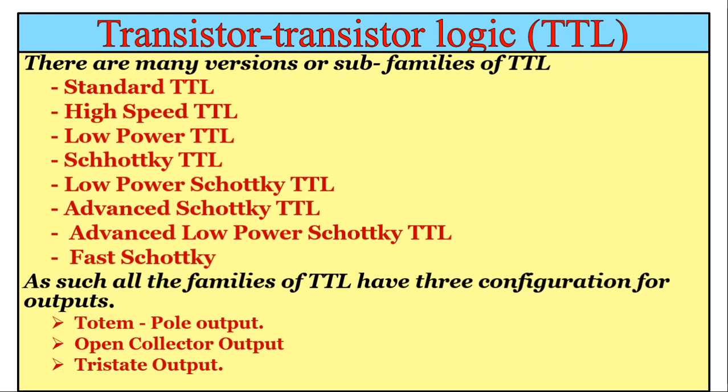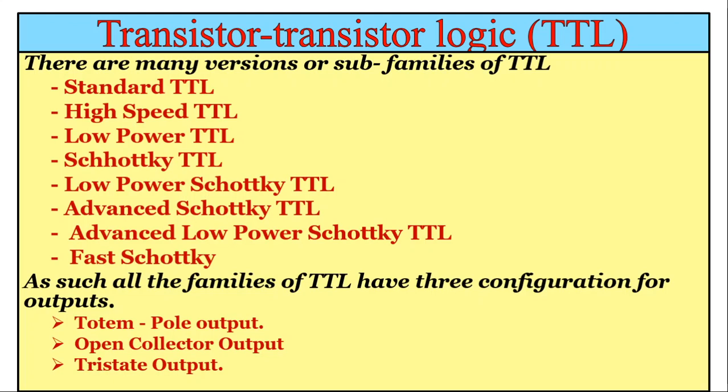The versions or subfamilies of TTL are: the first is standard TTL, high speed TTL, low power TTL, Schottky TTL, low power Schottky TTL, advanced Schottky TTL, advanced low power Schottky TTL, and fast Schottky.